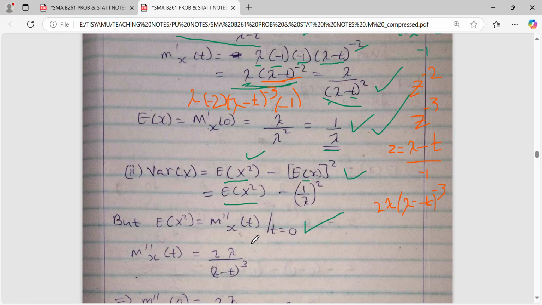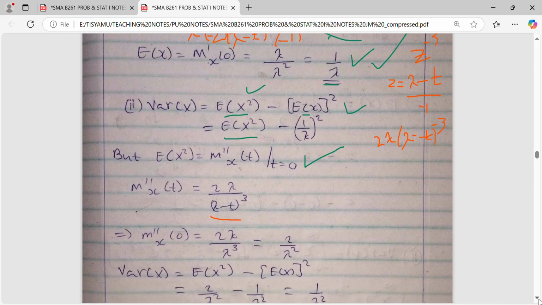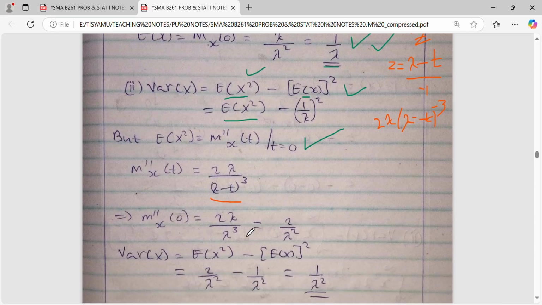And this one can also be written as twice lambda divided by lambda minus t cubed. The next step is to set t to be equal to 0. When you set t to be equal to 0, you remain with twice lambda over lambda cubed, which reduces to 2 over lambda squared.